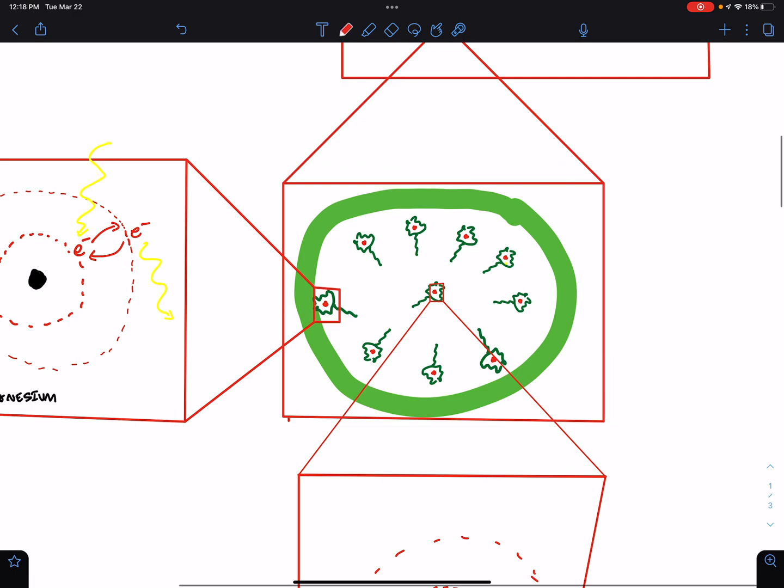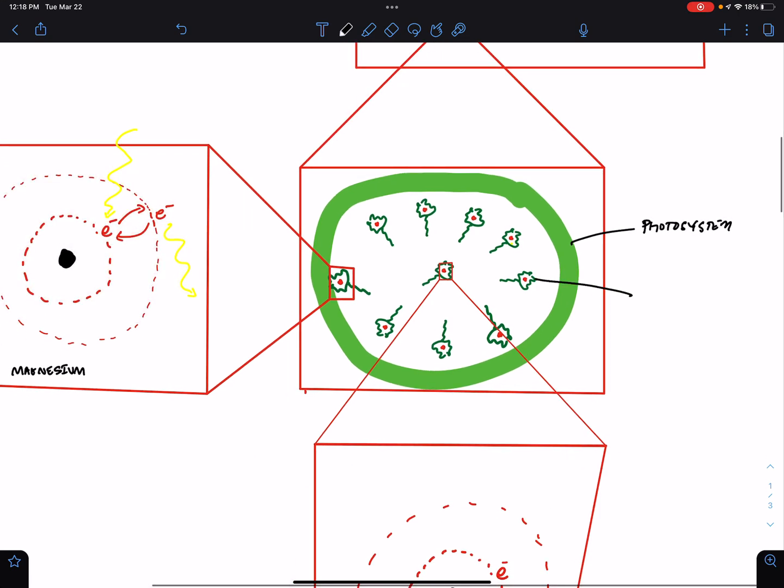So again, this is our photosystem right here. And here is a molecule of chlorophyll. These chlorophylls are arranged in a really particular configuration.